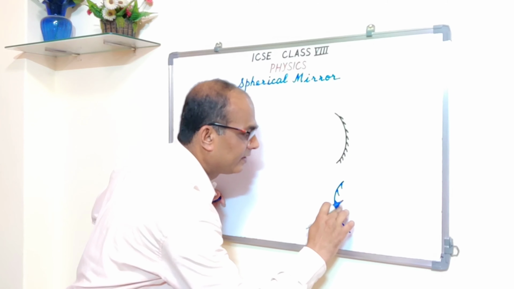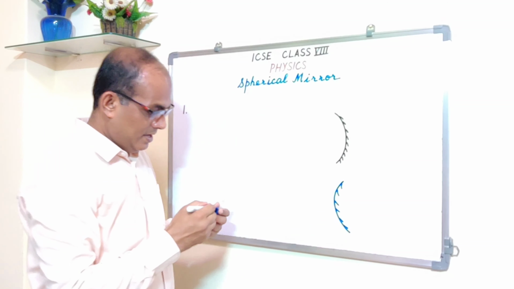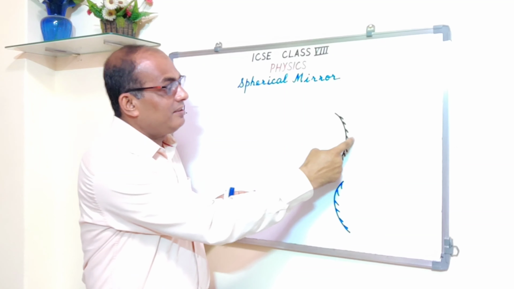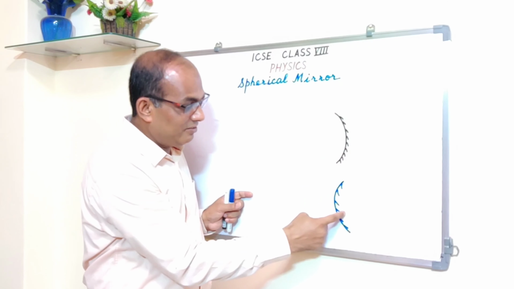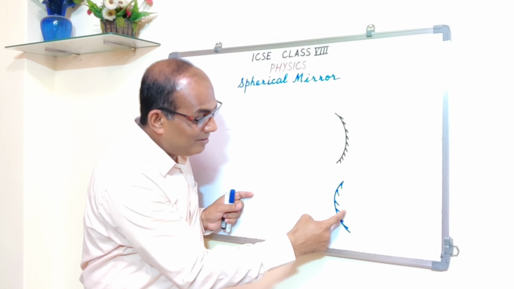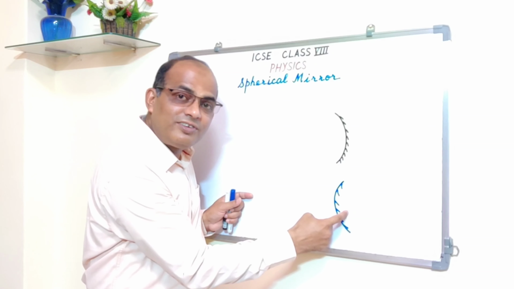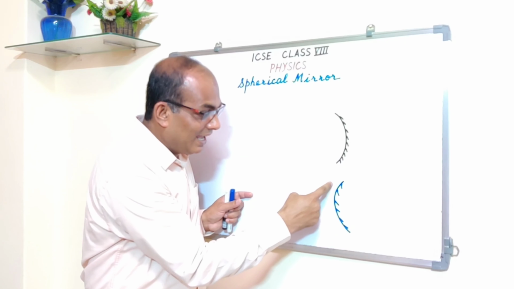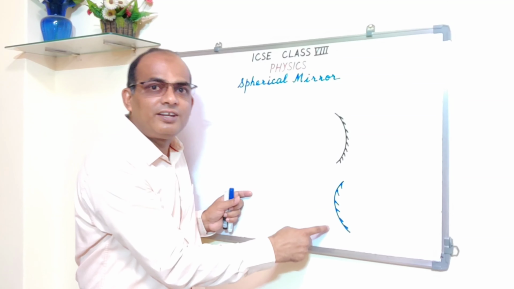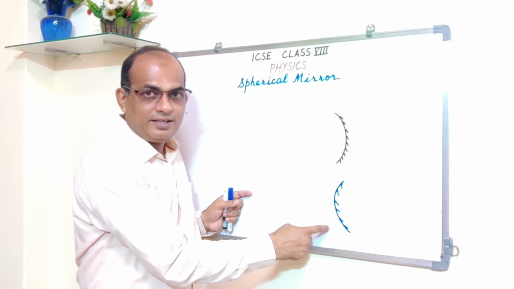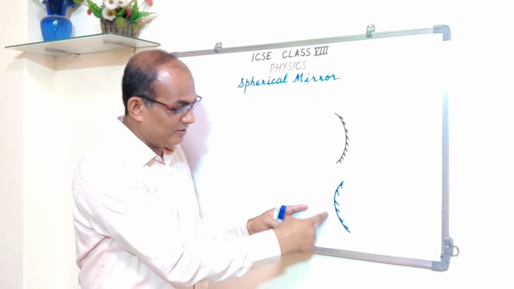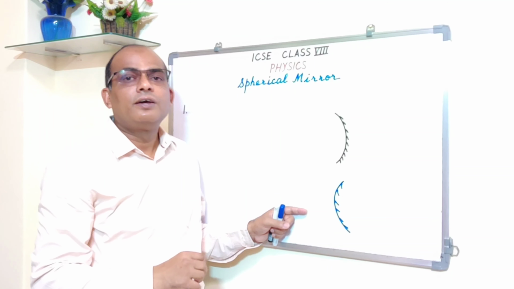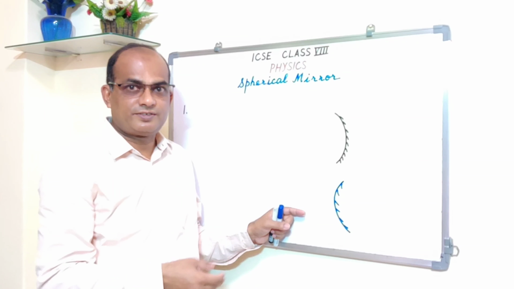Now look at this. This surface we have polished, and here this surface we have polished. Here the bulging surface is the reflecting surface. The reflection is taking place from this surface, which is bulging, curved outwards.